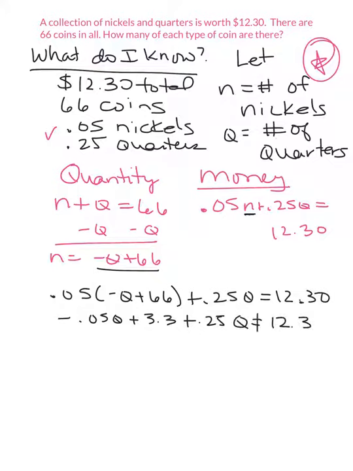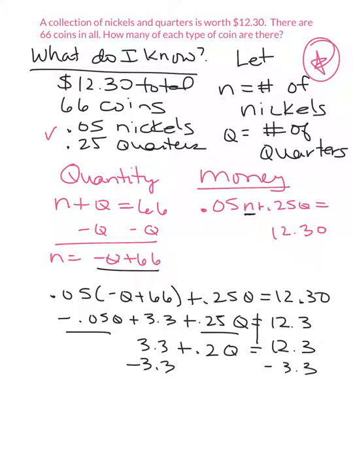Now I have to combine my terms. I have -0.05q and 0.25q. So that'll give me 3.3 plus 0.2q is equal to 12.3. Subtract the 3.3 from either side, and I have 0.2q is equal to 9.